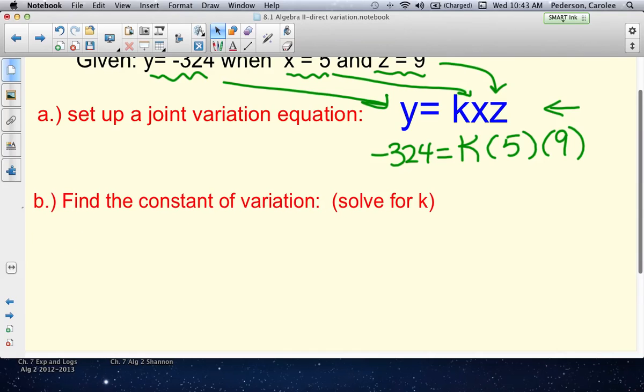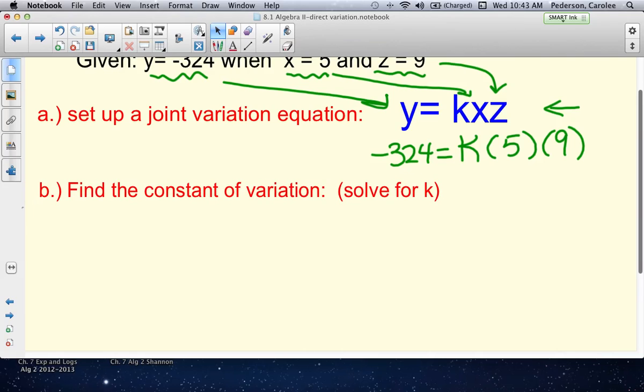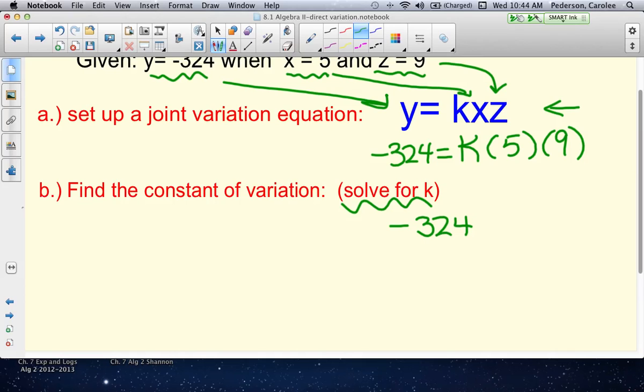Part B, we're going to solve it for k. So I would first multiply 5 and 9 together, which is 45k.